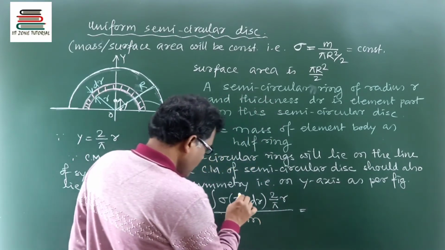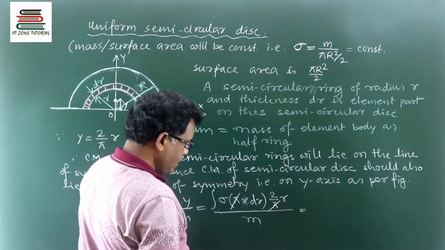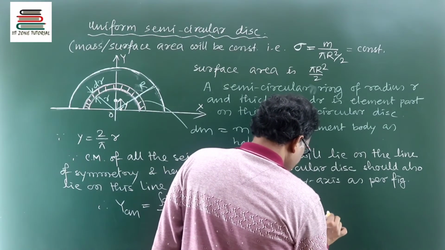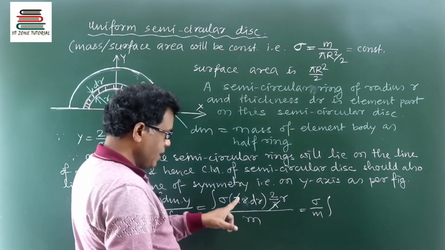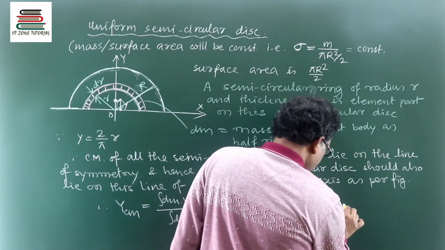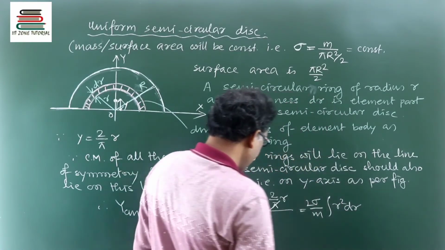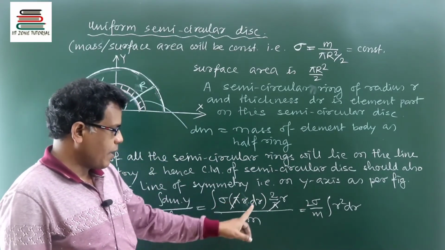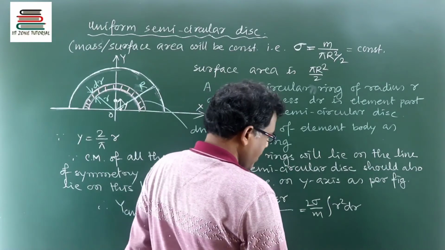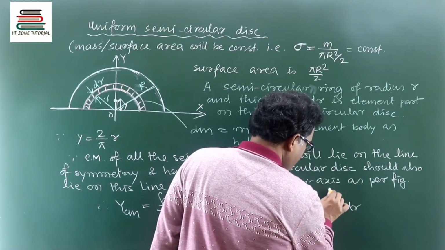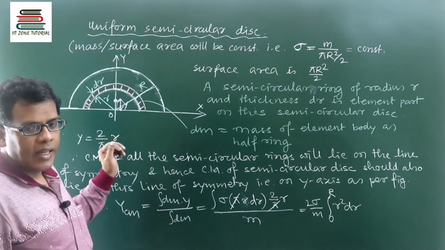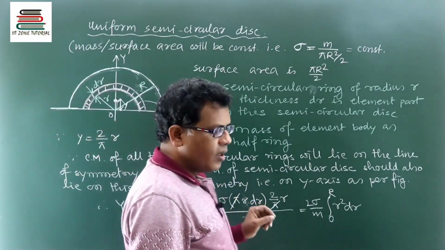Now here I can cancel out pi. Taking sigma out of the integration, and 2 also getting out, we are getting r square dr. Are you getting me? 2 sigma by M is out of the integration, so it is r square dr, where small r varies from 0 to capital R, because the ring can start from 0 value.